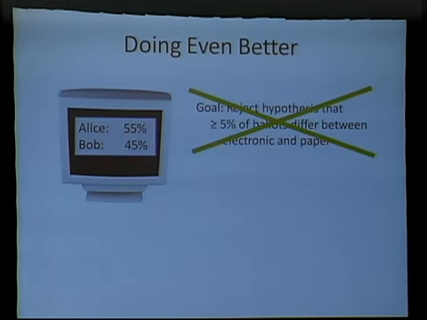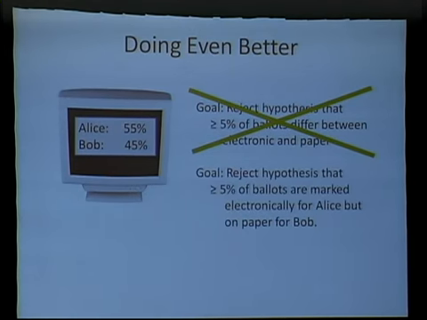Say, instead of trying to reject the hypothesis that 5% or more of ballots differ between the paper and electronic versions, we adopt a new hypothesis that we want to reject, saying instead: do at least 5% of the ballots that are marked for the winning candidate on paper actually correspond electronically to paper ballots that were marked for the other candidate?